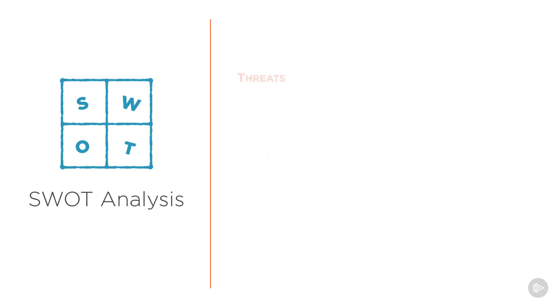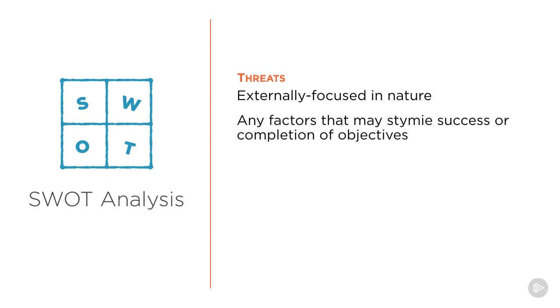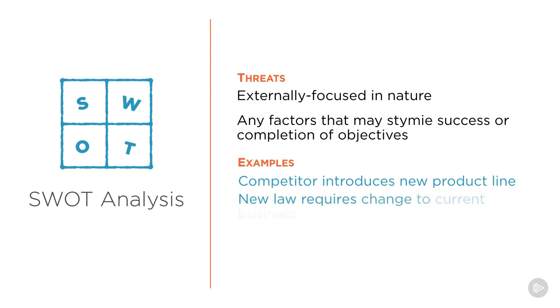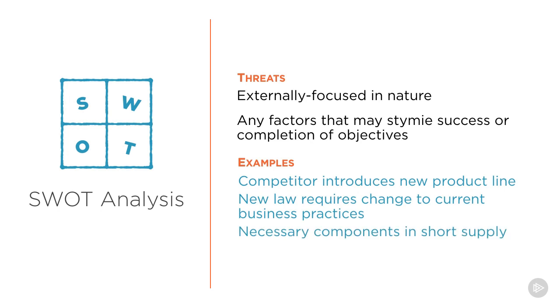Threats are also externally focused in nature, but are any factors that may stymie our success or completion of objectives. Examples of this include competitors introducing new product lines, new laws that require changes to our current business practices, or any shortages in supplies for necessary components.